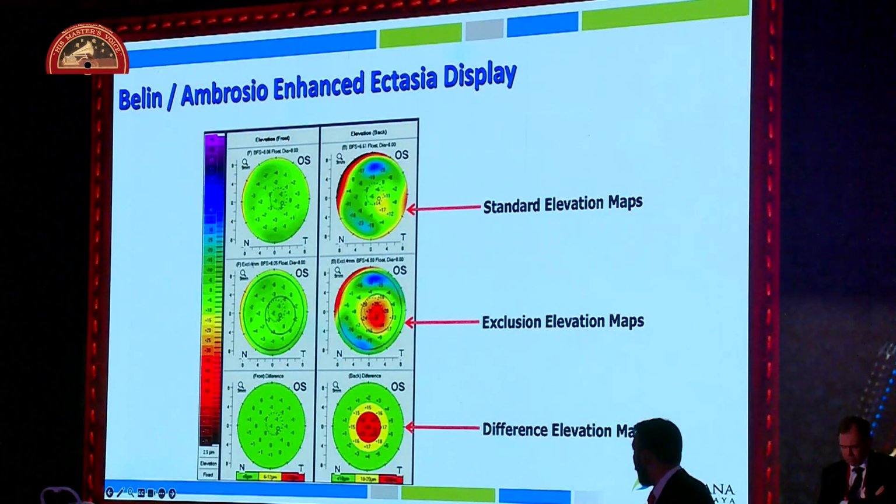In the top part, you see the front elevation on the left side, then the back elevation on the right side. The middle map is the exclusion map, where you remove the central area of that dark circle which you are seeing, and then fit the curve and look at it. And the bottom map is the difference map, which tells you that there possibly can be an abnormality here.